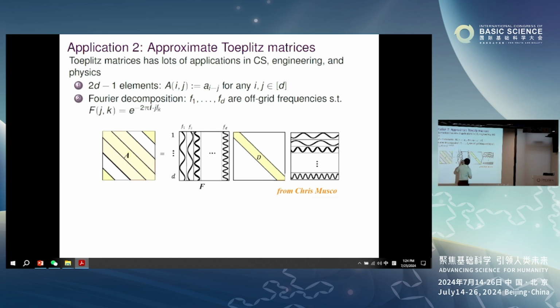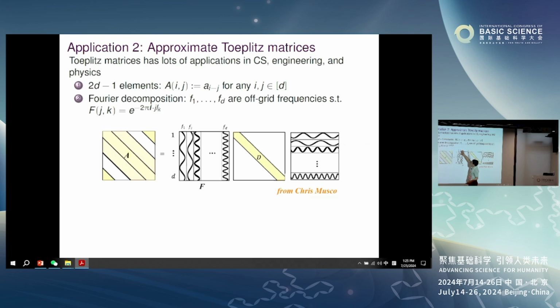The definition is: a D times D Toeplitz matrix is defined by 2D minus 1 elements, where A_ij is equal to a sequence element a_{i-j}, and i minus j goes from minus (D minus 1) to plus (D minus 1). Toeplitz matrices have lots of applications in computer science, engineering, and physics. One particular reason is that we only need to store 2D minus 1 elements.